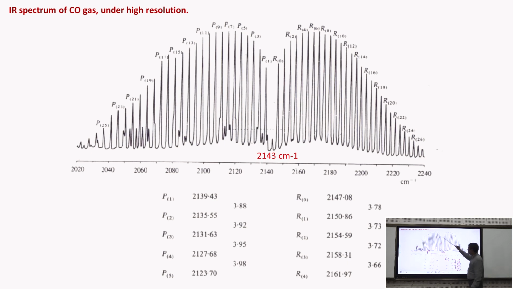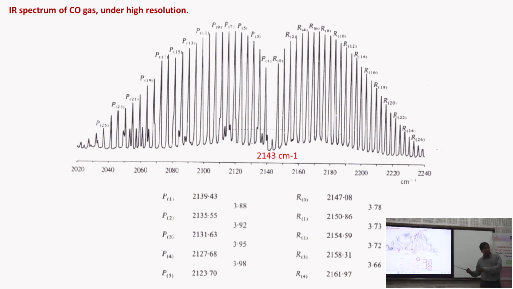This side it started at 3.78, and the difference between 3 and 4 is 3.66. That means whatever you are proposing is not correct, it is not able to describe this. Then again you have to think, where is the problem?